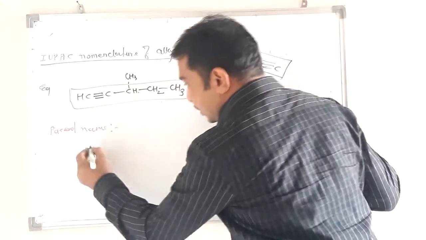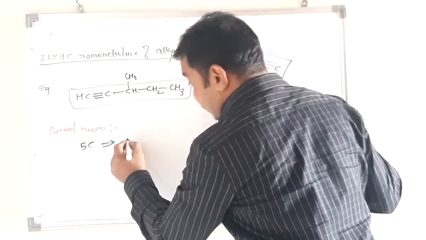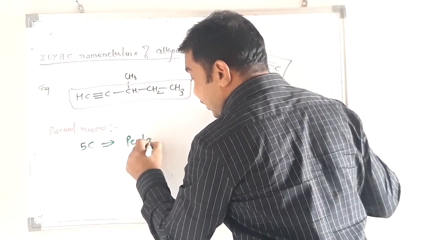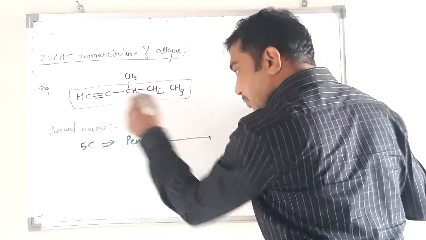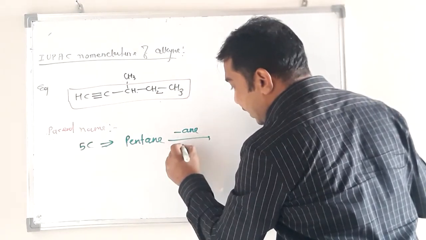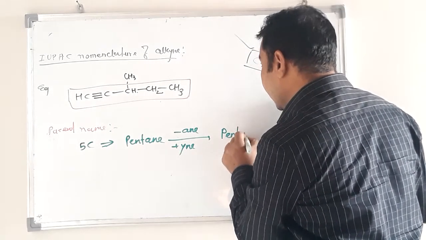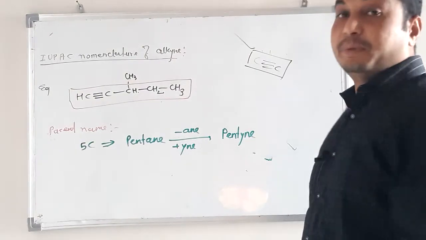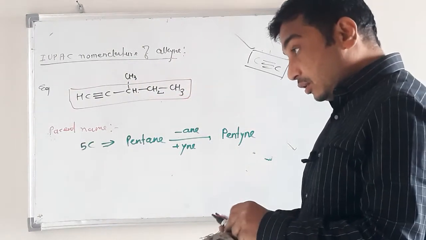So the longest chain contains 5 carbon atoms, and the parent alkane is pentane. Now to obtain the parent name of this compound, replace the suffix ANE by YNE. So pentyne is the parent name of this compound, and then give numbering.